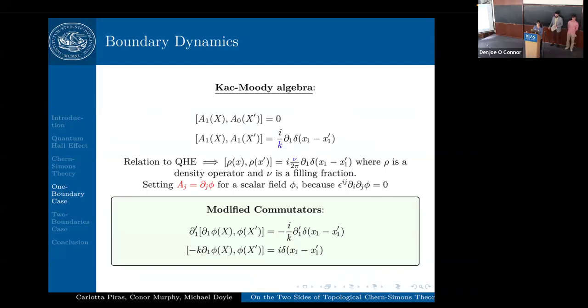We extracted no information about that because there was a Levi-Civita sitting to the left of the commutators, which vanished when we set the other index to be anything other than 1. So there's no use for the commutator between A0 and A0. Simply, we can't extract any information about that from the on-shell broken Ward identity. So, thank you.